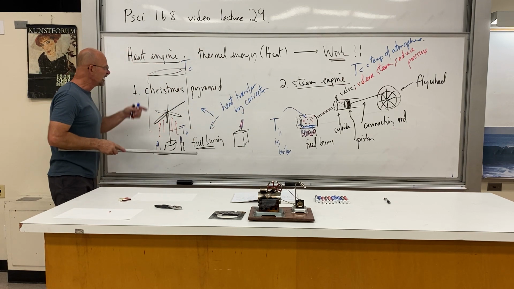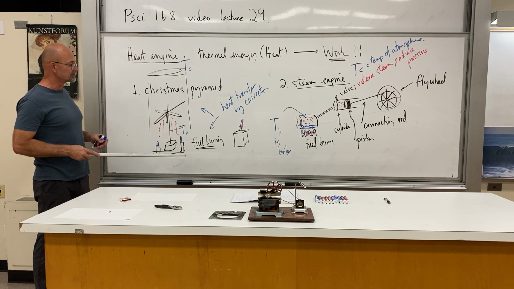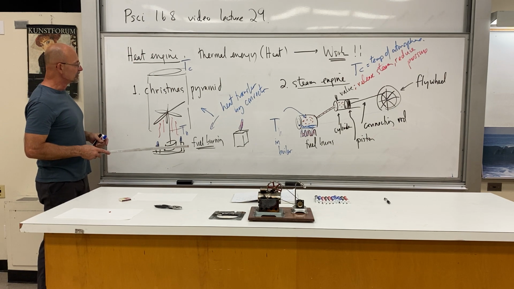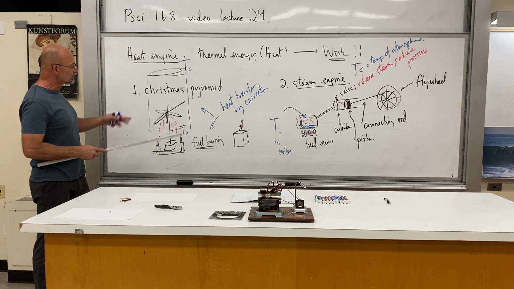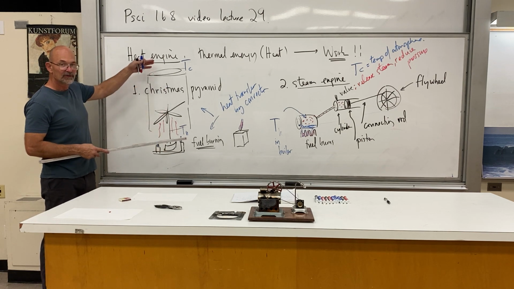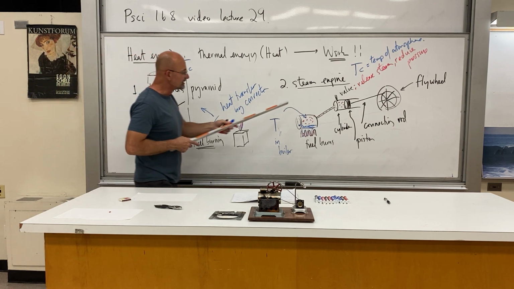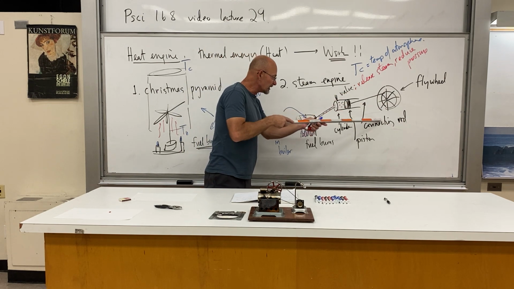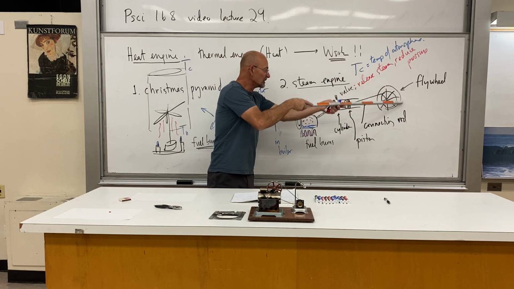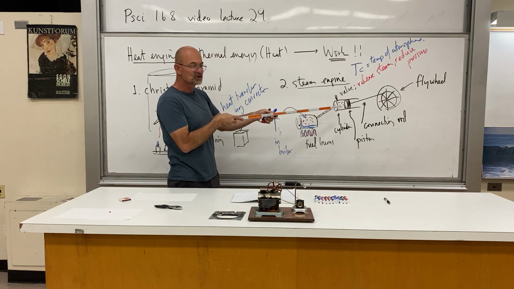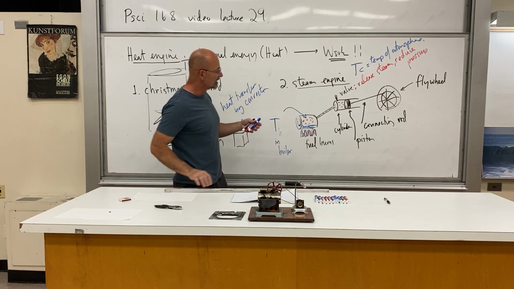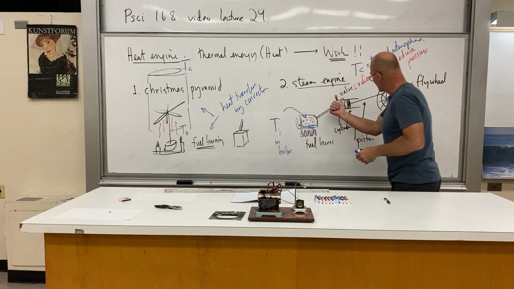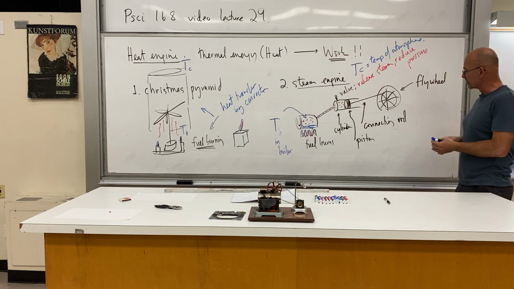Both of them need a temperature difference to function. This one needs it to maintain an airflow. This one needs the temperature difference in order to complete the cycle and bring the piston back to its initial position. So the work that we're getting is the force times displacement to the right here.